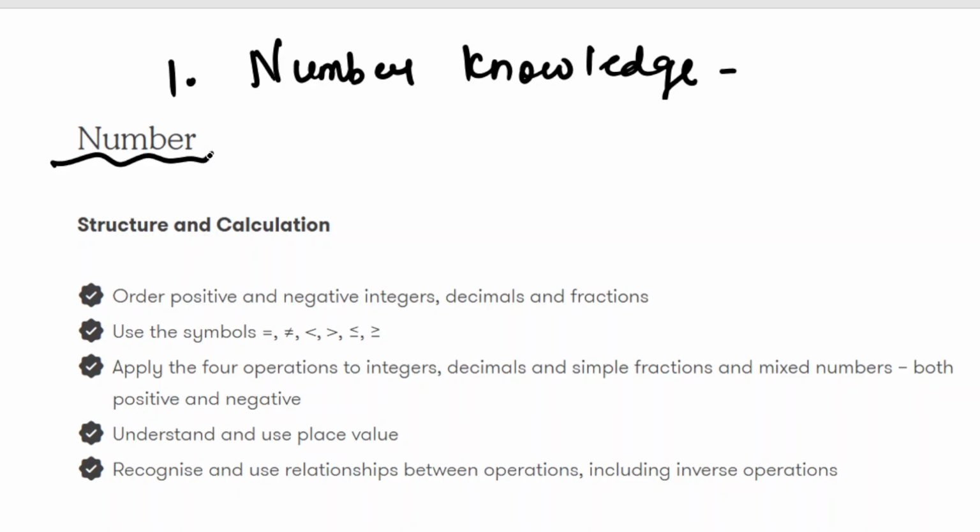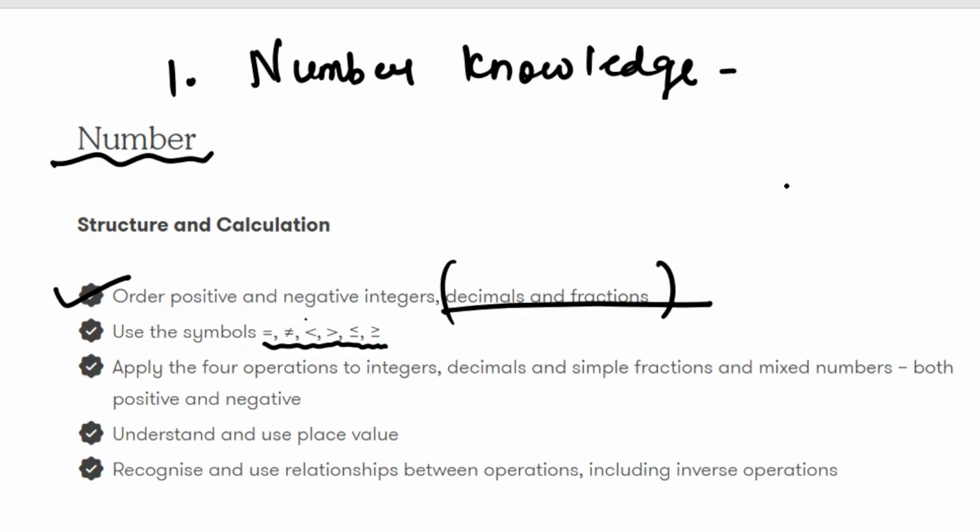In number, what we need to learn: order positive and negative integers, decimals and fractions. Focus on this one. Decimals and fractions, you are going to see these a lot in the GCSE papers. Symbols. What are these symbols?